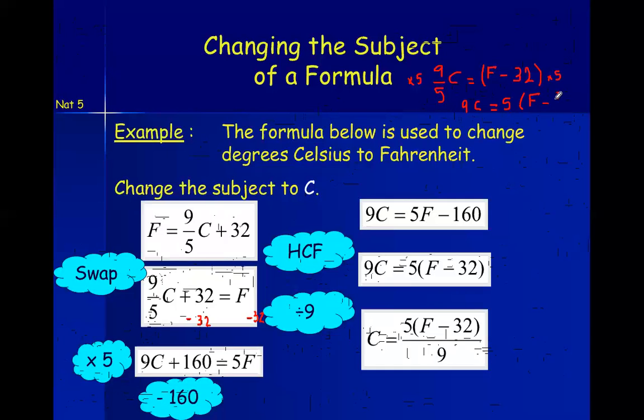And then your last stage is to divide by 9. So I would argue that that's probably the easiest way of doing this, rather than trying to get rid of the fraction at the start. So you've got two ways of doing it. Because by doing it the other way, you need to time 5 by 32, which is 160, and then you need to factorize. Put 5 as the highest common factor. So two ways.